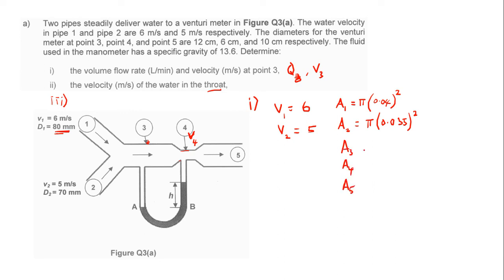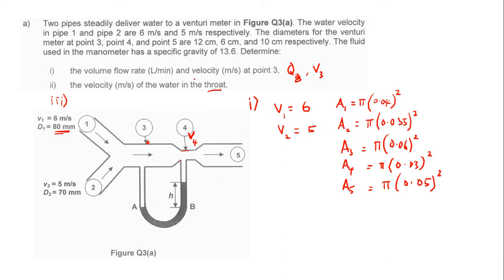A3 is pi times, 12 centimeter, so the radius is 6 centimeter, so 0.06. A4 is 0.03, and A5 is 0.05 squared. So all the properties that they give you, you just list down, so that it's easy for you when you want to answer the question.